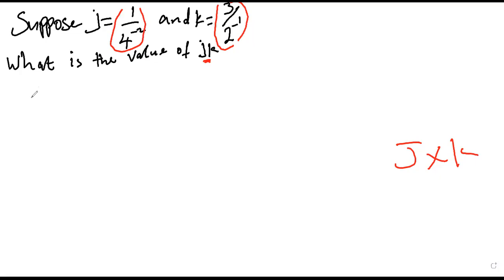Now, for me to start this, my solution is this. We have 1 over 4 to the negative power 2, right? And we have 3 over 2 to the negative power 1.